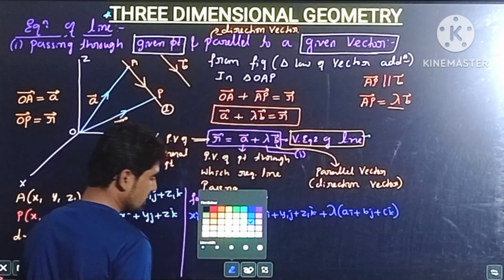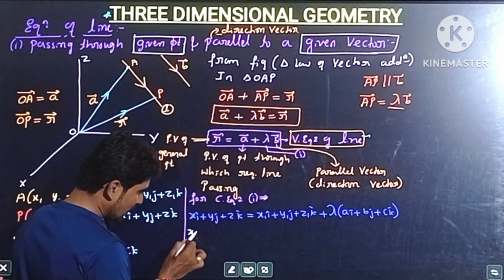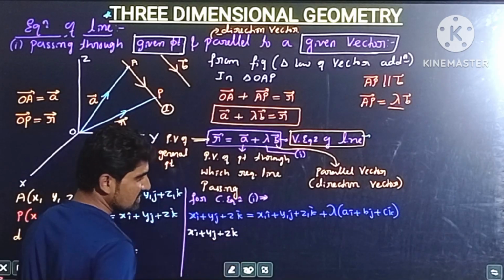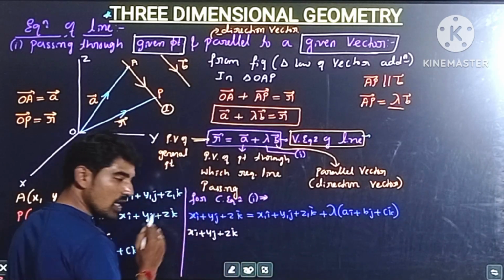Now see here, from this equation, keep the left side x i plus y j plus z k as it is, and shift x1 i plus y1 j plus z1 k to the left side.